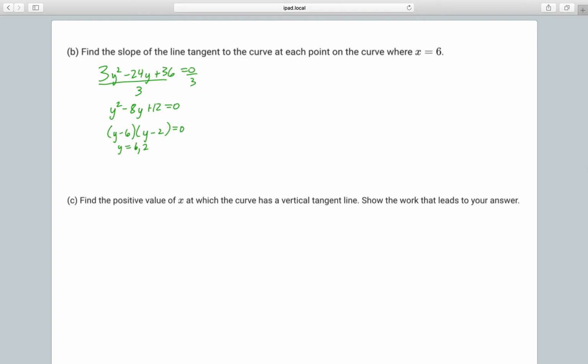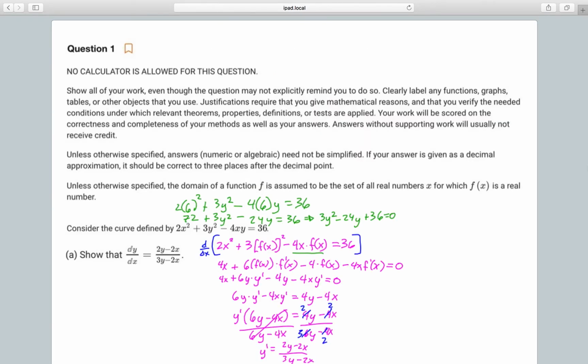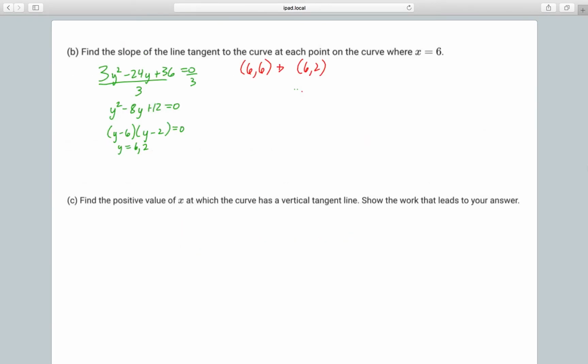So the coordinates that we can look at, when x equals 6, are (6, 6) and (6, 2). And we're just going to take that to our slope formula, which was 2y minus 2x over 3y minus 2x. So dy dx equals 2y minus 2x over 3y minus 2x.